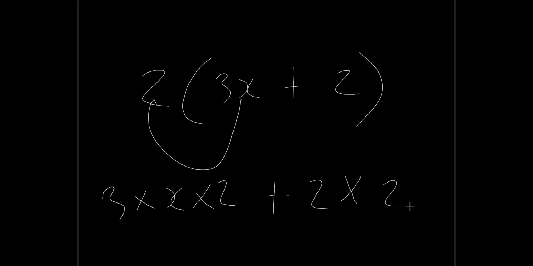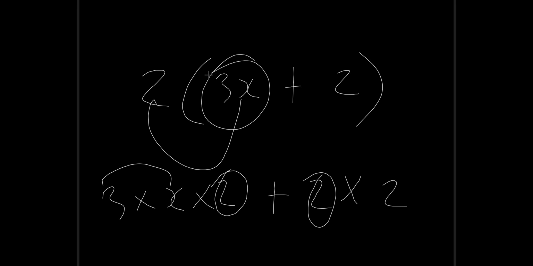So let's see what we have in common. We have the 2's that are common, nothing else. And so we are left with 3 times x, that's 3x, and just that 2. And so that's where it's coming from.